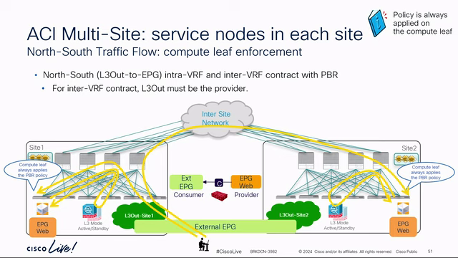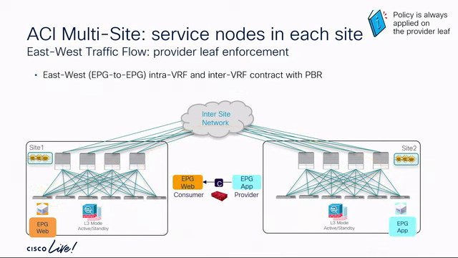There's no unnecessary traffic hairpinning. For east-west, EPG web and app, how would it work? For this case, we do provider leaf enforcement. The provider leaf always enforces a policy that chooses the local firewall for both incoming and return traffic, then we can keep traffic symmetric.